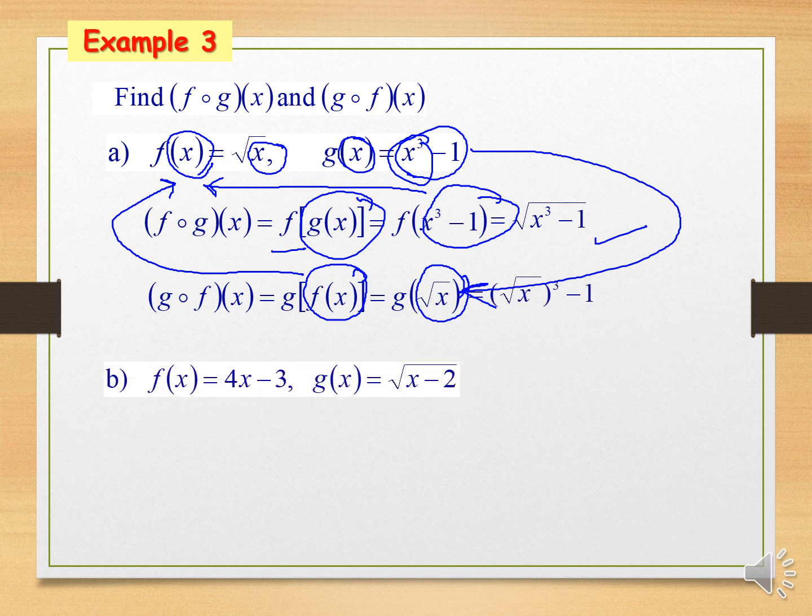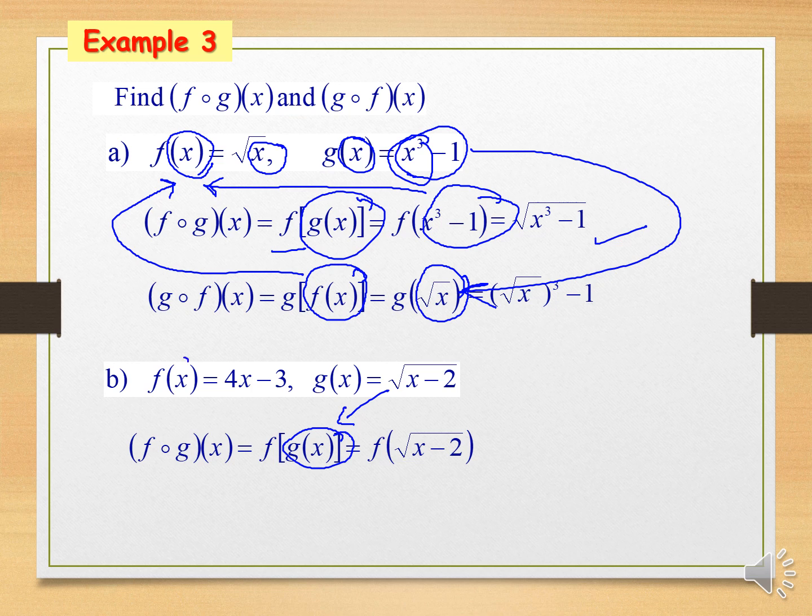For question B, f(x) equals 4x minus 3, g(x) equals square root of x minus 2. Find f composite g(x), which means f(g(x)). g(x) is the input for function f. Now, the input for function f is square root of x minus 2.